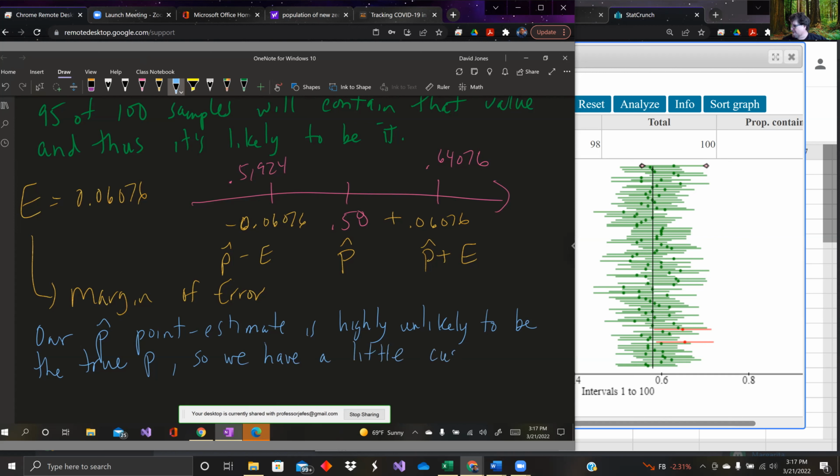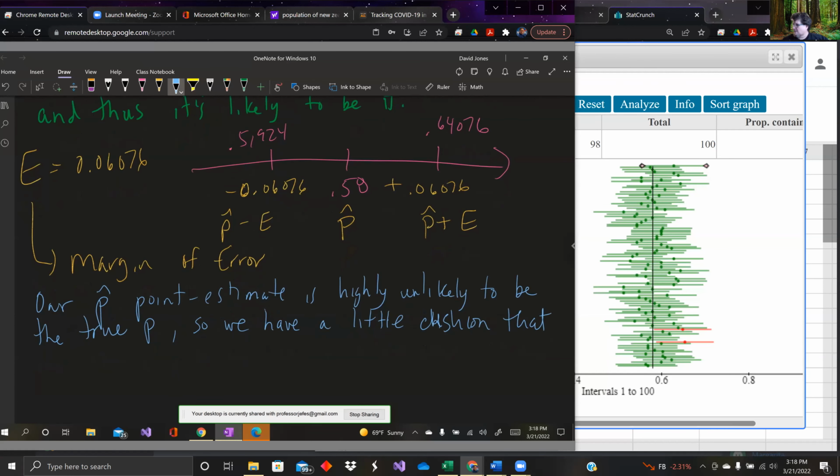A little cushion for error in our sample. Well, the sample doesn't have error unless we messed it up. A little cushion in case our sample is off. And that would mean we were off, it's an error. That's why it's called the margin of error.